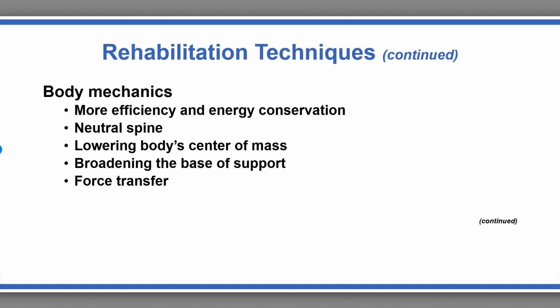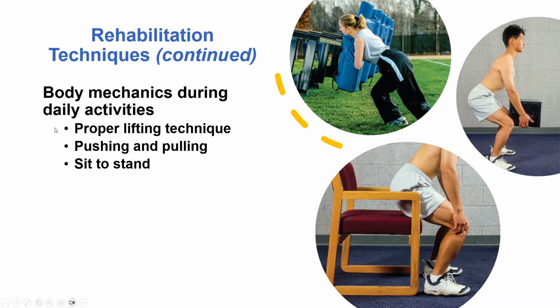Three further examples in the rehabilitation realm. If we think about everyday activities, we have lifting, pushing, pulling, and sit to stand. Seemingly very basic movements, but are also very important to do correctly.